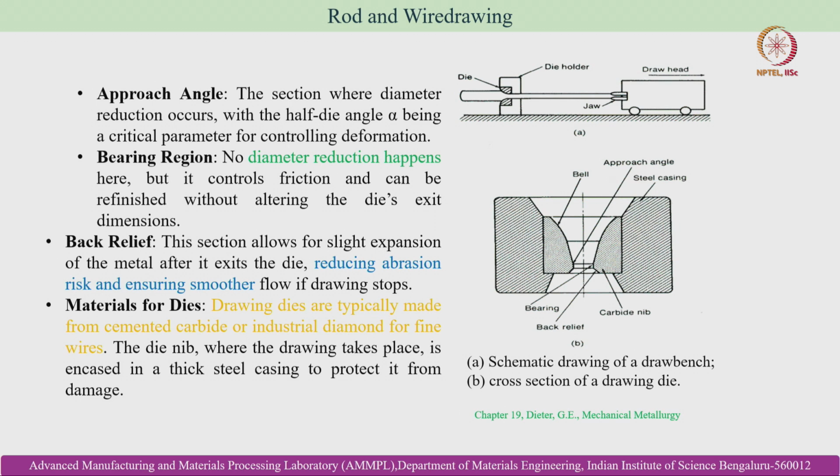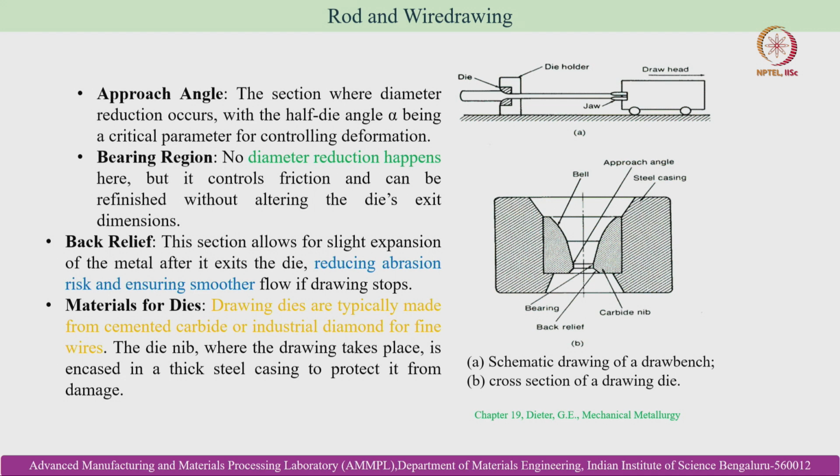This approach angle, also mentioned earlier in extrusion as the semi die angle, determines the area ratio of extrusion, or also in wire drawing. This is the section where diameter reduction happens, with the half die angle alpha being the critical parameter for controlling deformation.